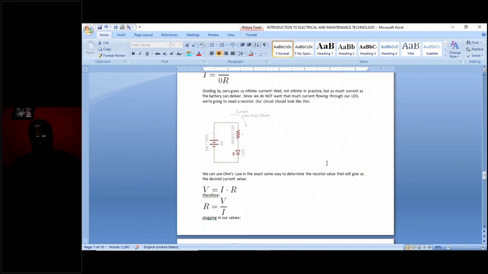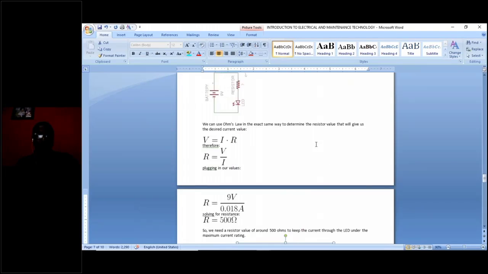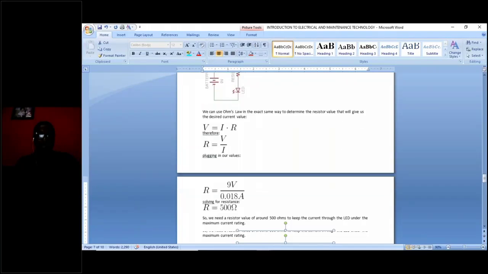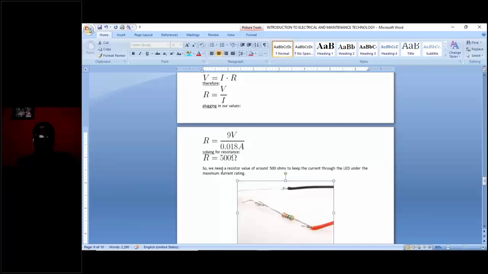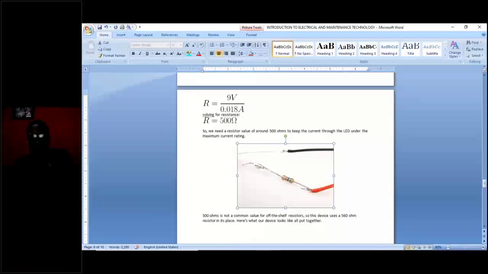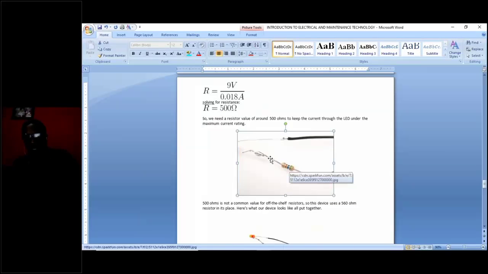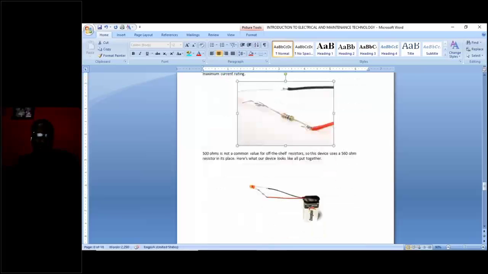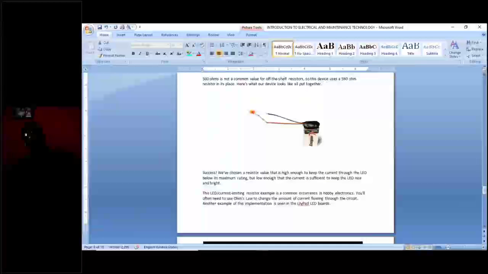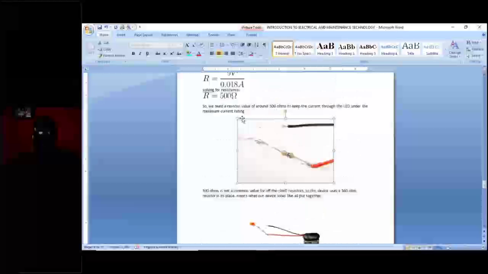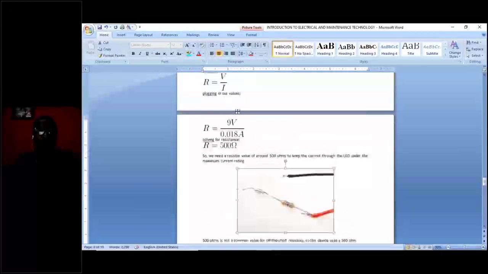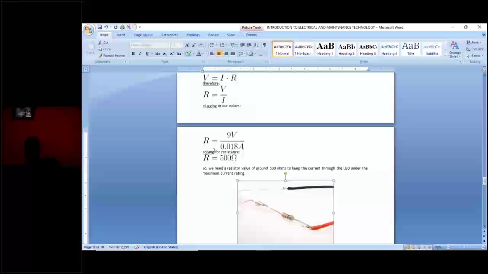So this is just a circuit diagram of what we are talking about. So let's say we now want to use a 500 ohm resistance, to keep our current under a value that will not destroy the LED.